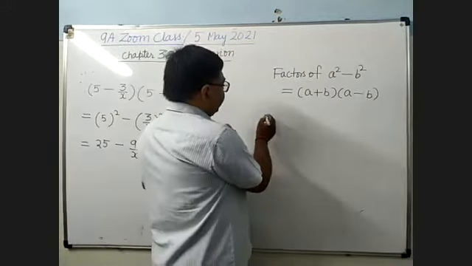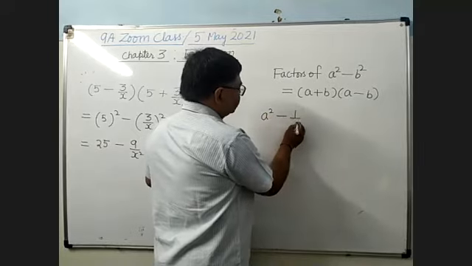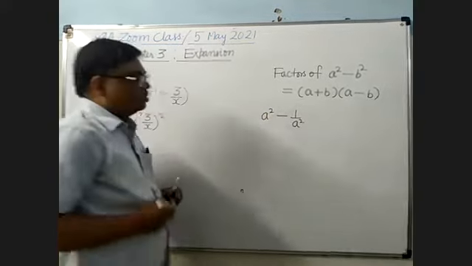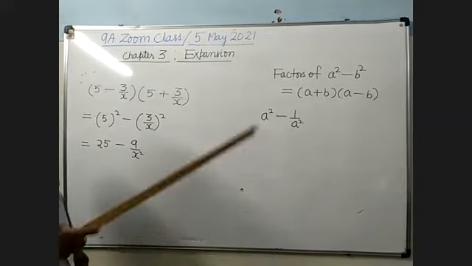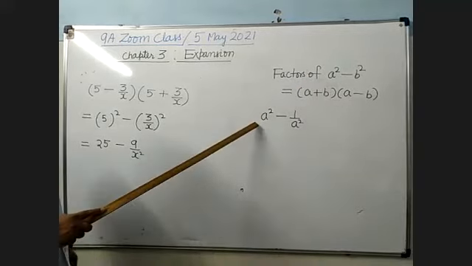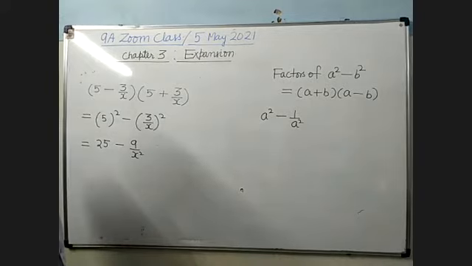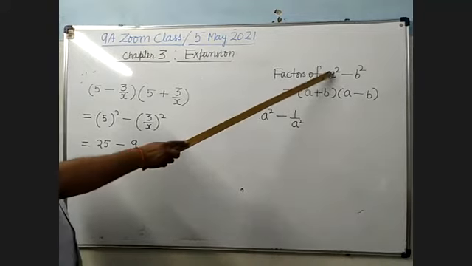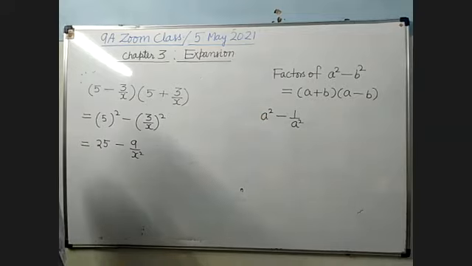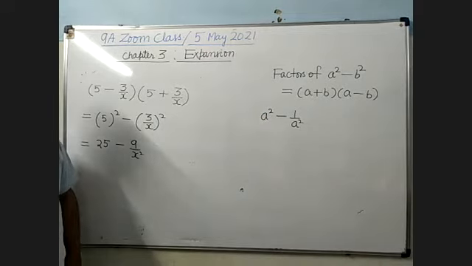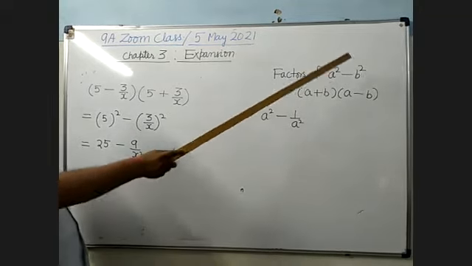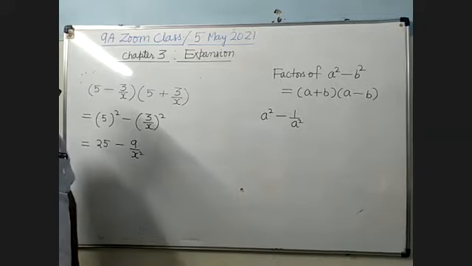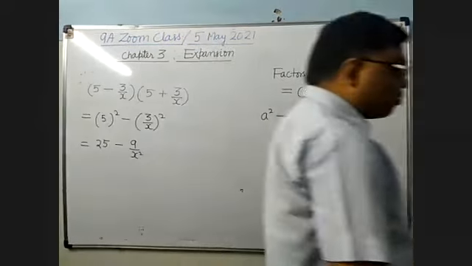Now what will be a square minus 1 upon a square? If you compare, what will be in place of a? In place of a, there is a only, not a square. What is in place of b? 1 upon a.